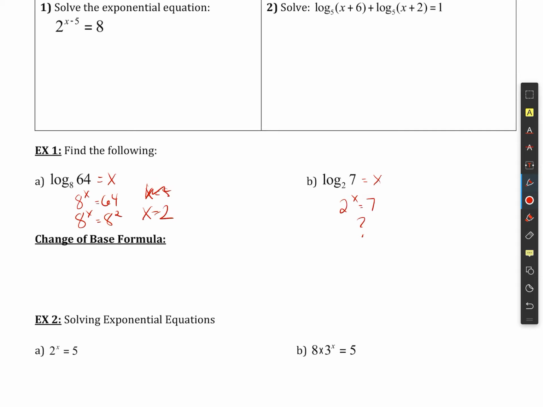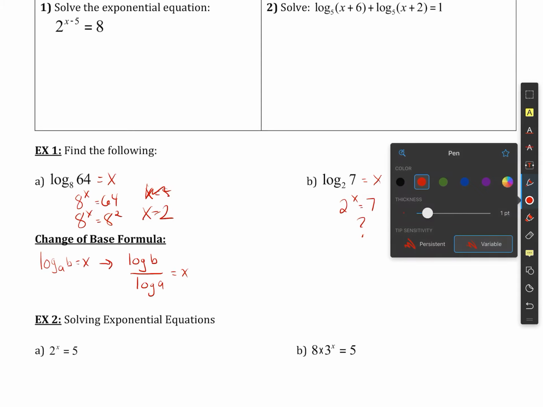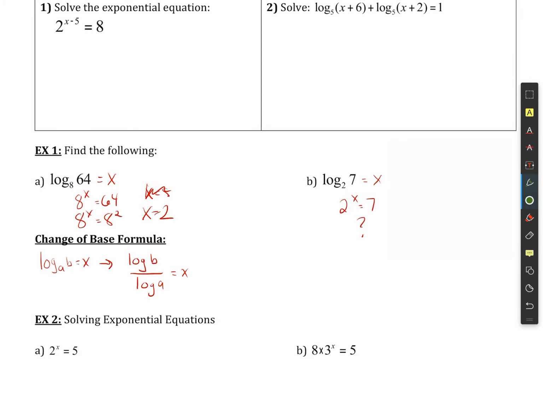So the change of base formula is, if we had something like log base a of b equals x, we can rewrite this as log b divided by log a equals x. So we're able to take this and separate it into two logs that are both base 10, so we can nicely use this on our calculator.